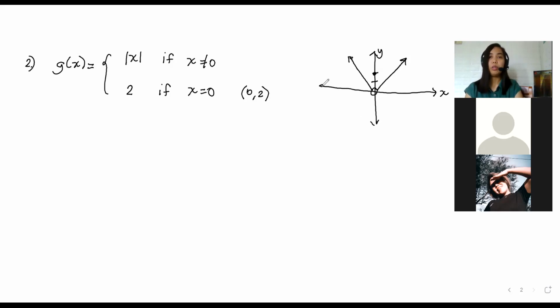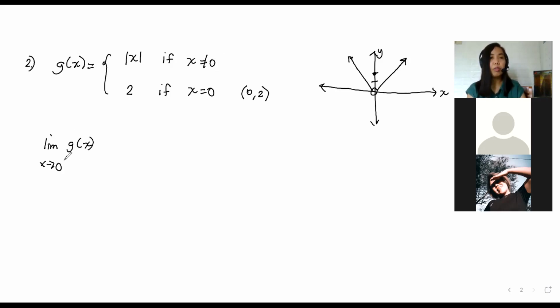Okay. So we will check if the limit of g of x as x approaches 0 exists. We'll check first the limit of g of x as x approaches, where the value of a is still 0.